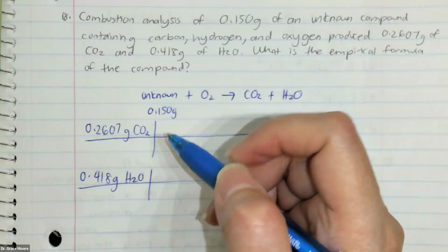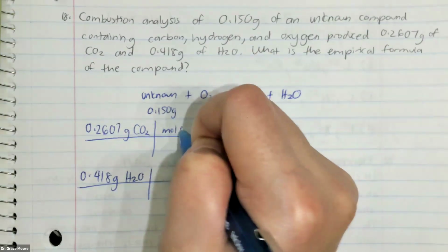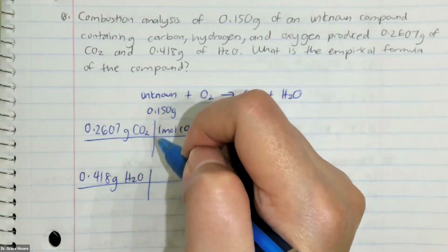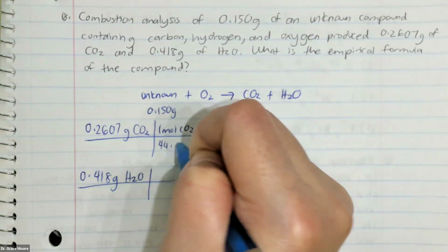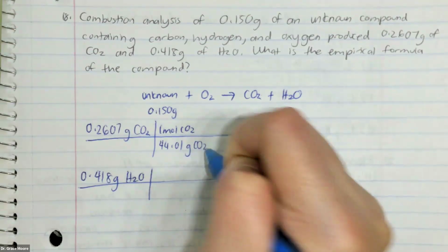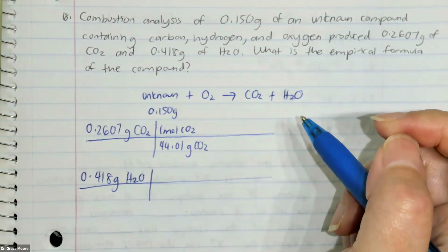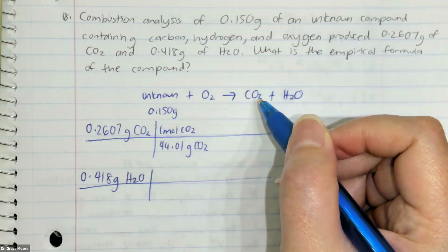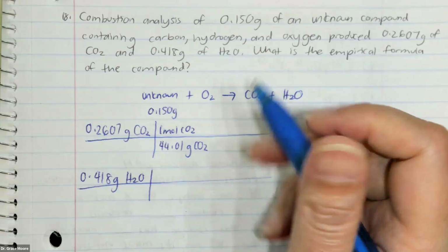So from the CO2, I'm going to turn to moles of CO2. 1 mole of CO2 is 44.01 grams of CO2. Now, if you don't remember this, you can just look at the periodic table, because 12.01 and then 2 times 16 will add up to 44.01.